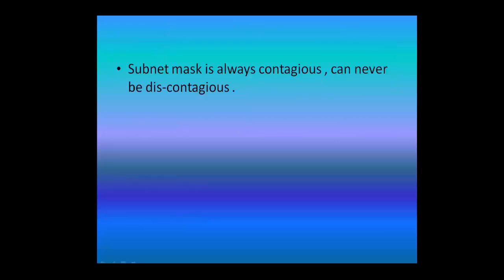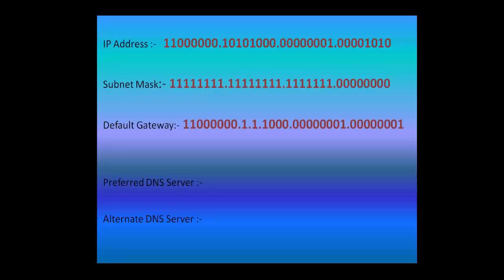As many devices as we have, we have to give different host bits. And always keep it in mind, subnet mask is always contiguous, it can never be discontiguous. What does it mean? Look here, the IP is like this, 110000101010, but the subnet mask can never be like that. If the network portion is going, it will always remain contiguous.